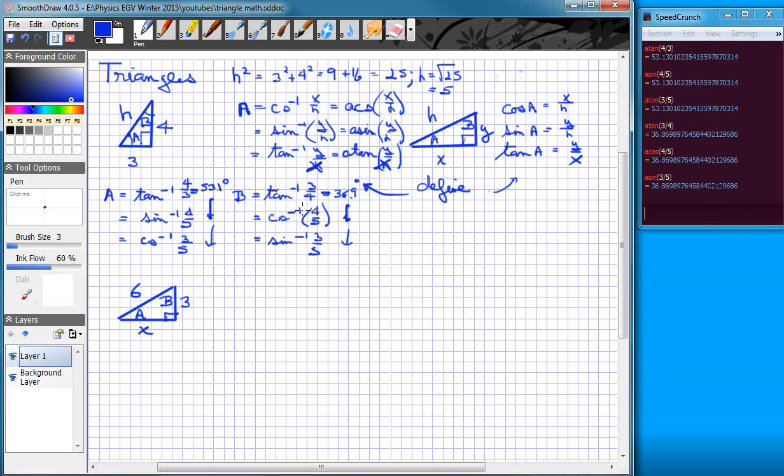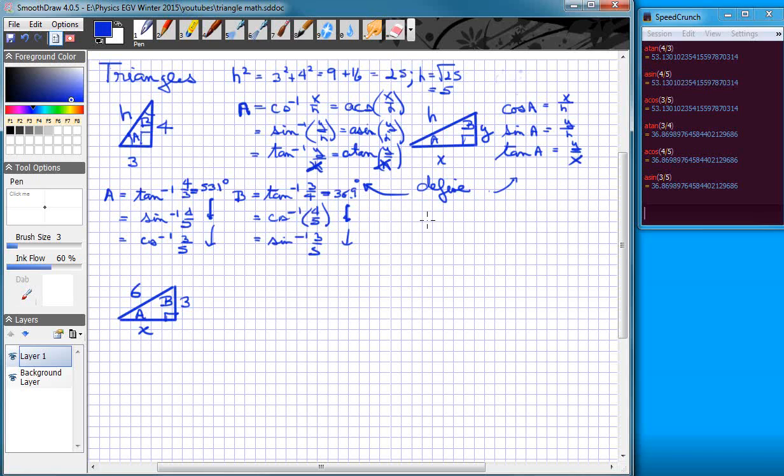And so that's calculating A, B. In fact, I really didn't even need to go through using the inverse trig functions for B, because once you know what A is, 53.1, B is just going to be the complement of that angle. In other words, take this and subtract it from 90 to get this angle. You can see that this plus this is equal to 90 degrees.